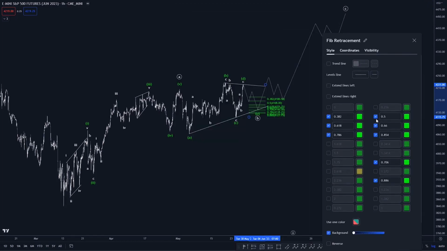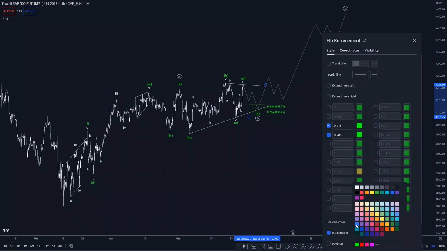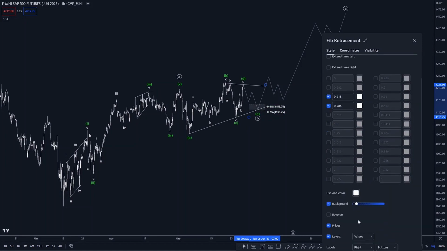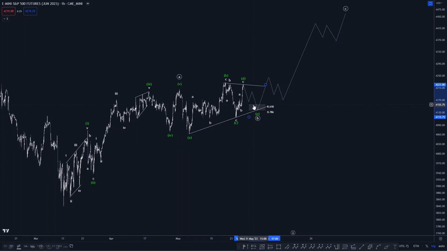So I would put more weight on the complex B, and then I would be looking at a running variation. Depending upon how price unfolds, you'll have a better understanding of which running variation to look at.